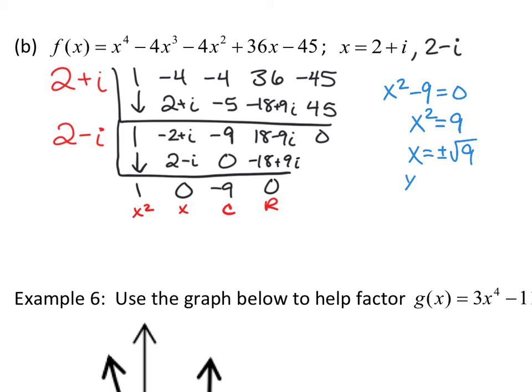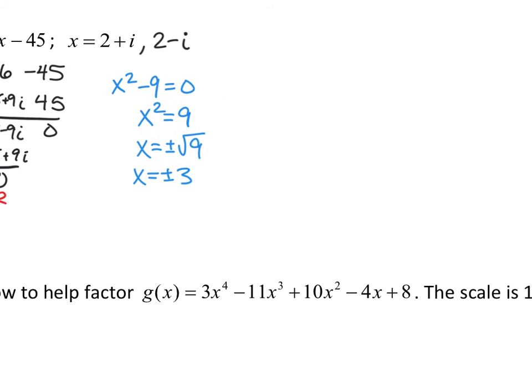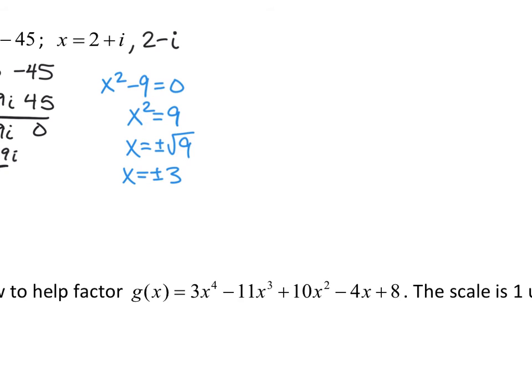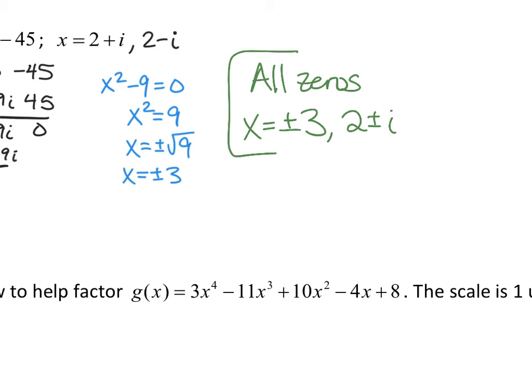And the square root of 9, well, that's the real number 3. So my list of zeros for this, I have 2 imaginary numbers that were given, and I have my real solutions, giving me a total of 4 solutions for this polynomial, which matches the degree.